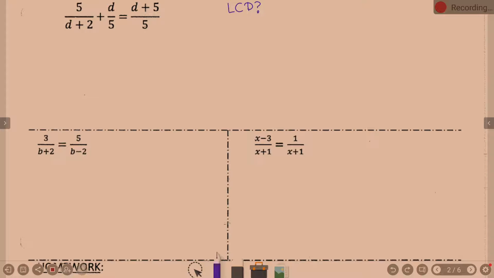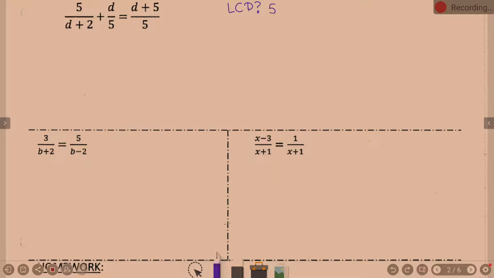So what do you notice about our denominators? Well, there's the d plus 2, so we just go and multiply. Okay, there's a d plus 2, and what else is there? Two 5s, which one 5 can represent. The two 5s are in common, so there's a 5, and there's a d plus 2.